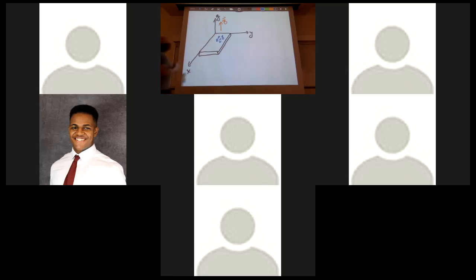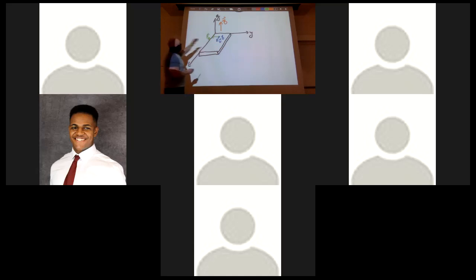The right-hand rule tells us that if the x direction is this way, I point my fingers in the direction of the velocity. But my magnetic field is upwards, so I curl my palm towards the external magnetic field, and my thumb points in this direction. So this is going to feel a force in the negative y direction. This is the magnetic force on the charged particles.